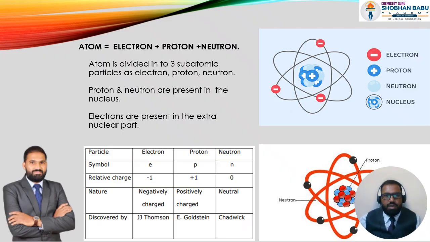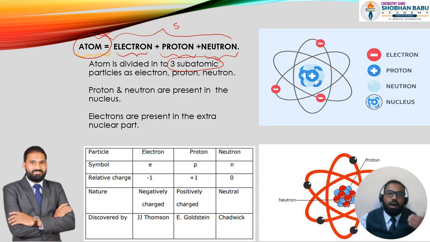As I mentioned, an atom has electrons, protons and neutrons. In every atom there are three subatomic particles. Subatomic particles are the parts of the atom.